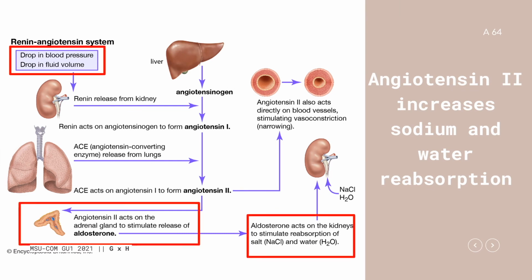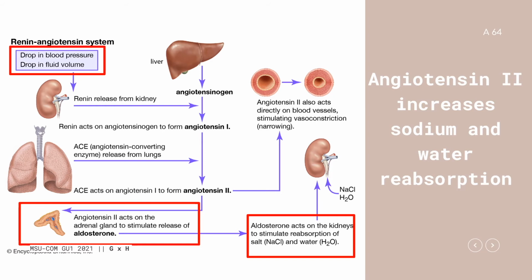You've heard in the discussion just a while ago that aldosterone is stimulated by angiotensin II, which is also another end product of the renin-angiotensin-aldosterone system. The RAAS is stimulated by drops in blood pressure and fluid volume, therefore causing renin release from the kidney. Renin cleaves angiotensinogen, an inactive zymogen that is released from the liver, forming angiotensin I. Angiotensin I proceeds to the lungs, where it is cleaved by the angiotensin converting enzyme, converting angiotensin I to angiotensin II.